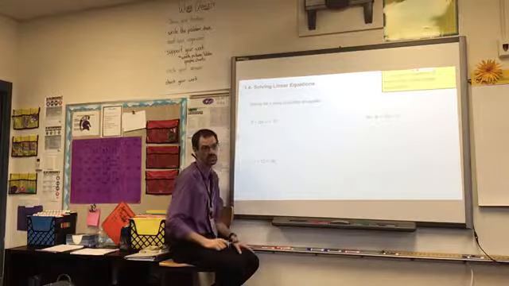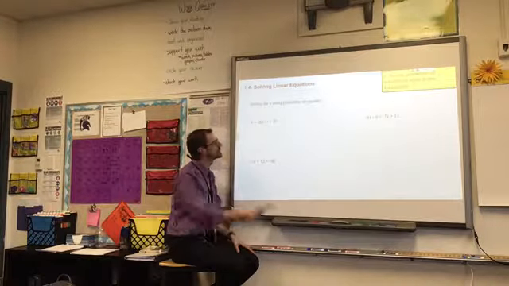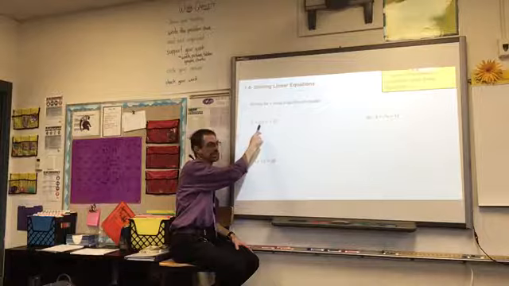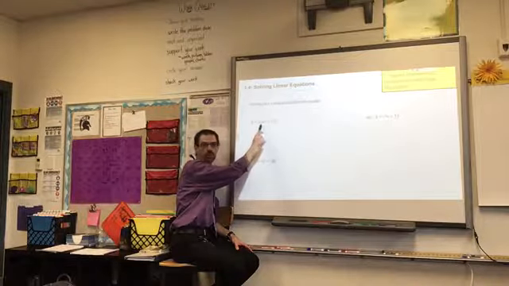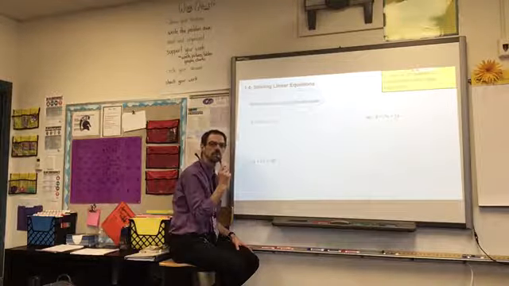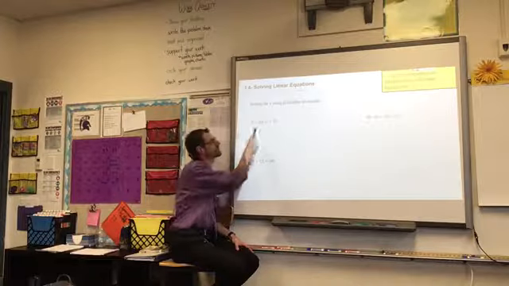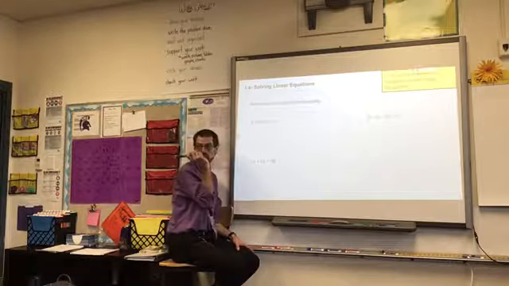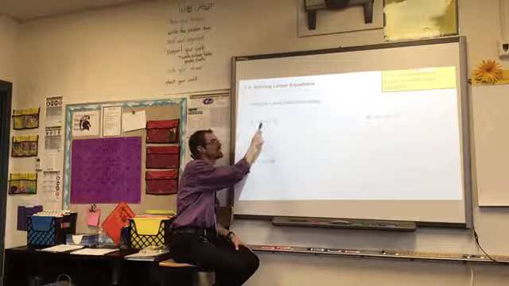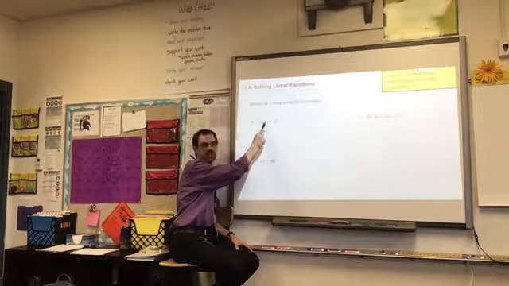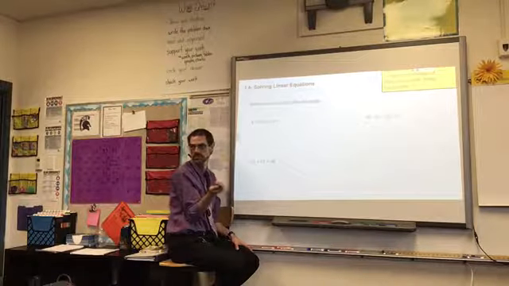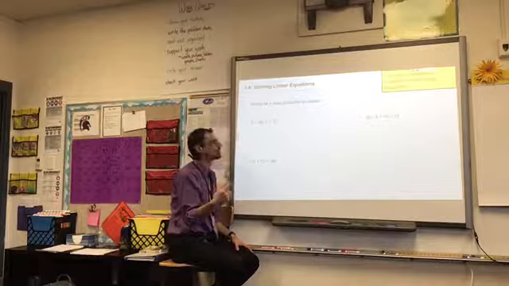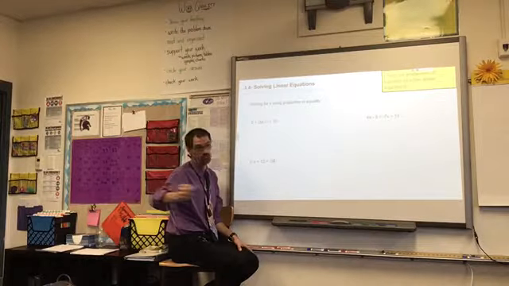I can't solve it like this. Does anyone remember what this 2 means in relation to this group right here? Elise? You do. You multiply it. But what does that 2 mean? 2 groups. I have 2 groups of this. A pouch and -1 coins. If that's possible, right? So I have to redistribute.